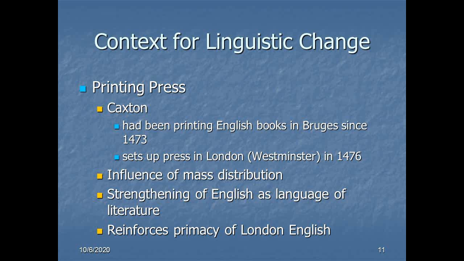But because once something is printed and has authority, it changes much more slowly than, say, speech, we still effectively spell Middle English, even though we speak modern English. That sounds weird, but it's true.